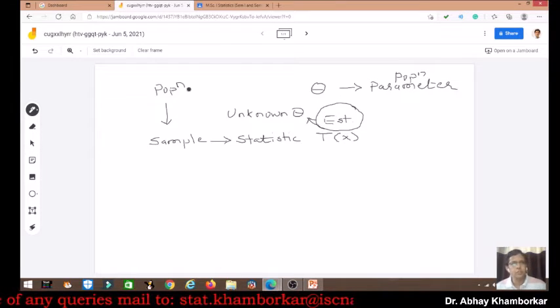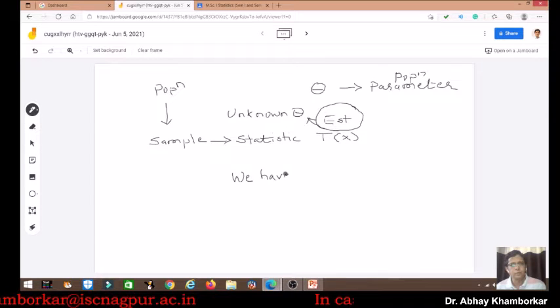Now another situation may occur where this parameter theta is not unknown, but due to some previous experience or because of a certain situation, we have some information about theta.